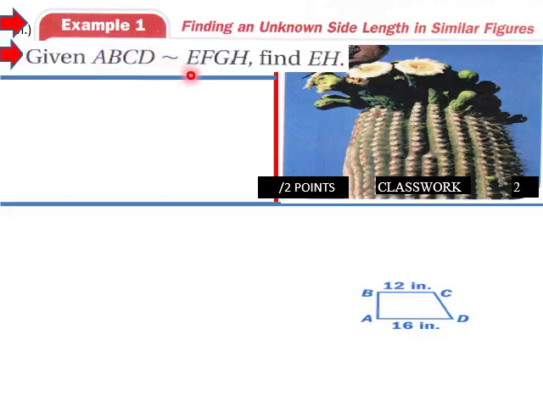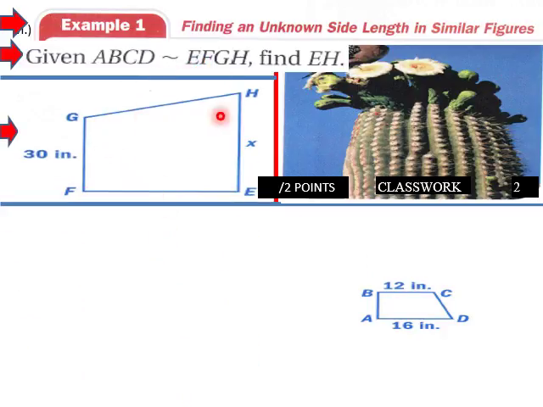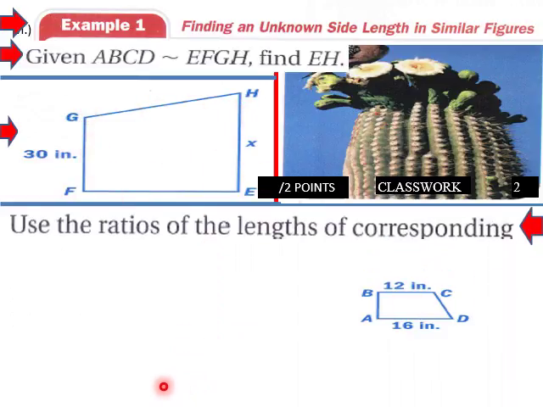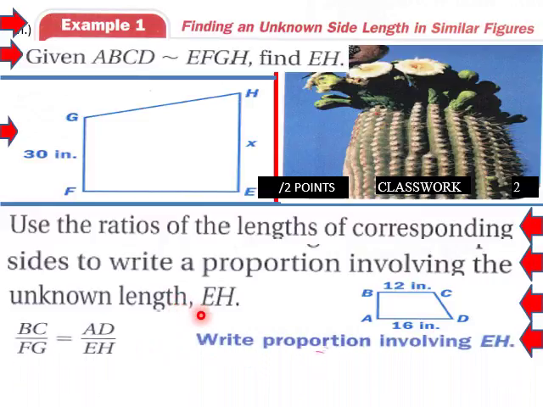Okay, so given ABCD is similar to EFGH, find EH. So EH would be, well, we don't know. Let's take a further look here. Here is EH, and then GH, and these two are similar. So use the ratios of the lengths of corresponding sides to write a proportion involving the unknown length EH.